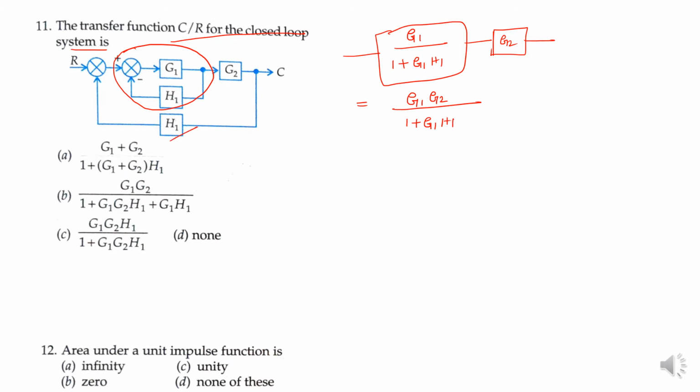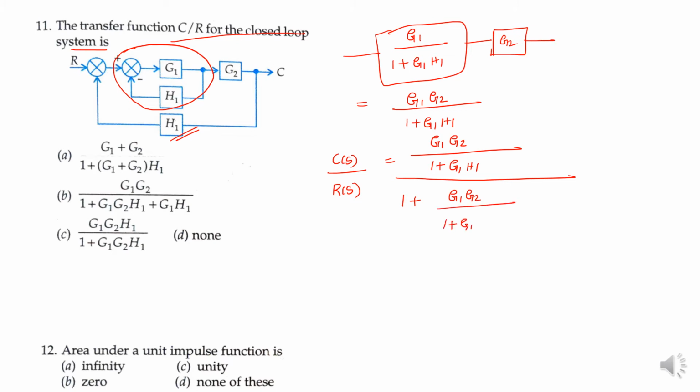The feedback loop we are having is H1. Find C of S divided by R of S, that is G1 G2 divided by 1 plus G1 H1, the whole divided by 1 plus G1 G2 by 1 plus G1 H1 into H1.